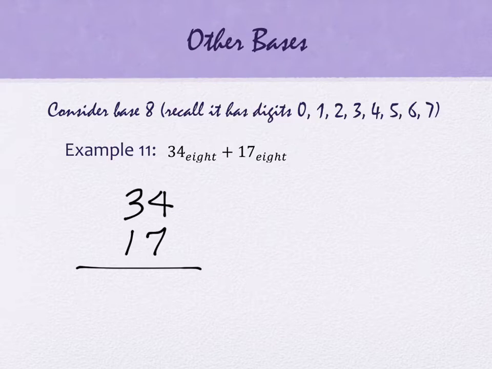So it's 1 eight, so we carry a 1 over, and I have 3 ones left over. That's really what happens. If we got 11 in base 10, we would say 11 is 1 ten and 1 one left over. That's why we move the 1 over, because it's 1 ten. So then I have 1 plus 3 plus 1, which is 5. So this is 53 base 8.